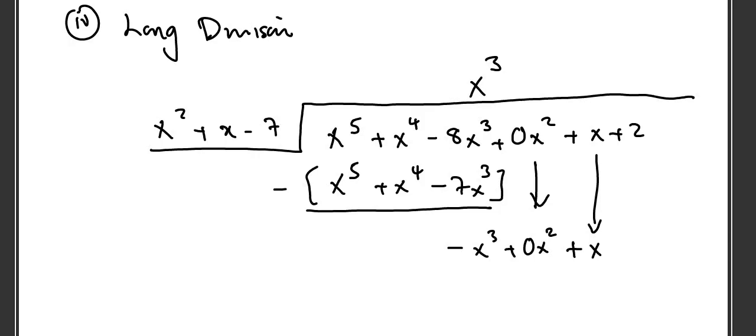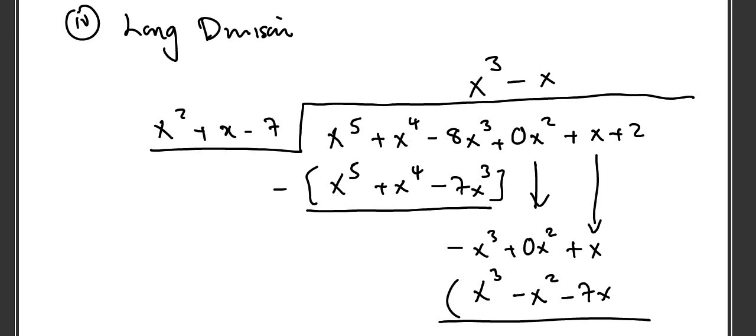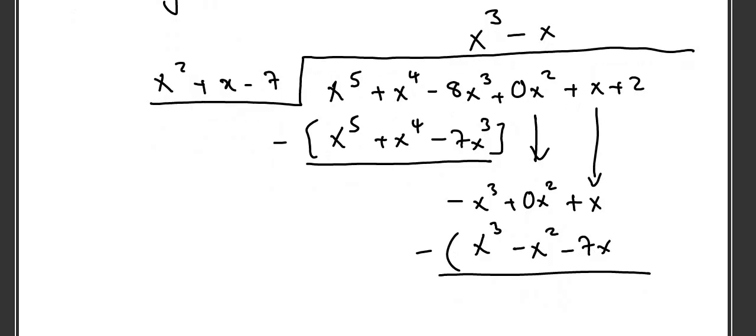The divisor has 3 terms, so we need 3 terms at each stage. When x squared divides x to the power 3 to give us x, then when you multiply, that's going to give us x cubed, then minus x squared, then minus 7x. When you multiply everything here by the negative x, then we are subtracting.